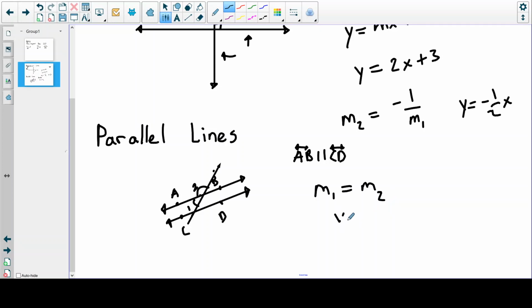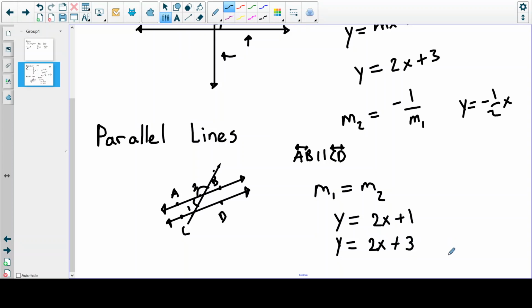So two parallel lines may look like y equals 2x plus 1 and y equals 2x plus 3.